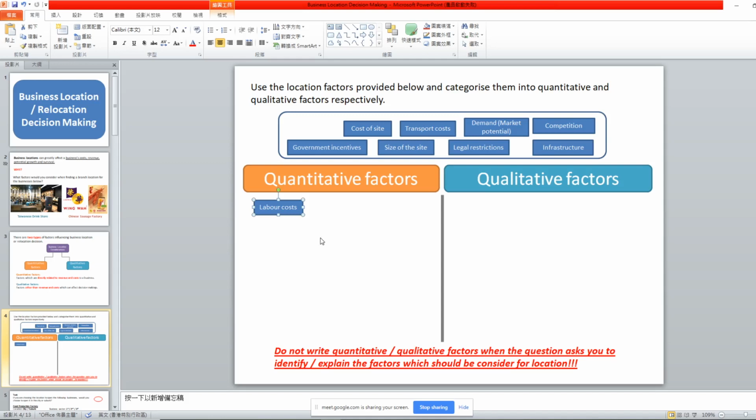You have to think about the labor costs in different cities, in different provinces, because different provinces and cities have different wage levels, and possibly skills and wage levels.